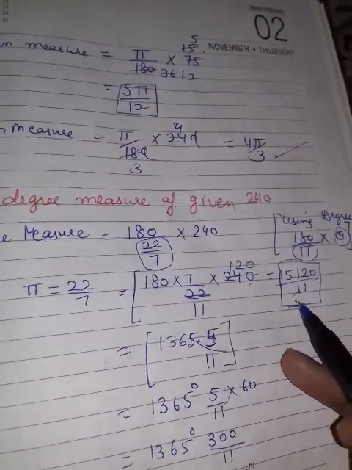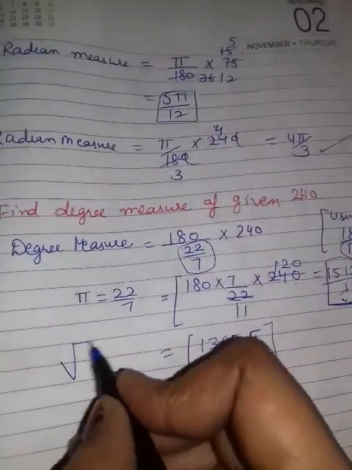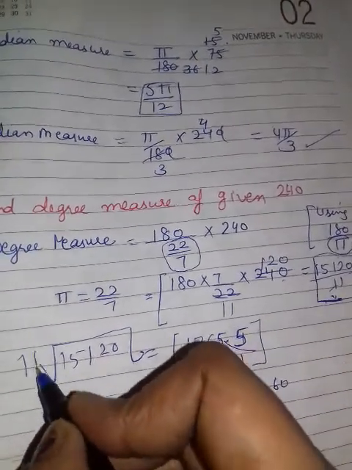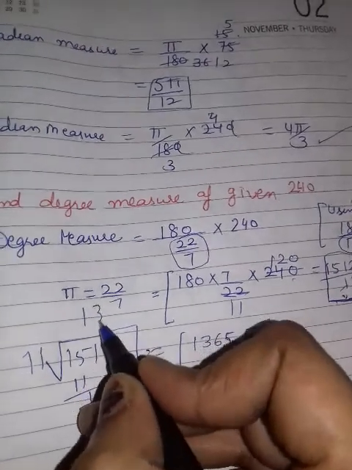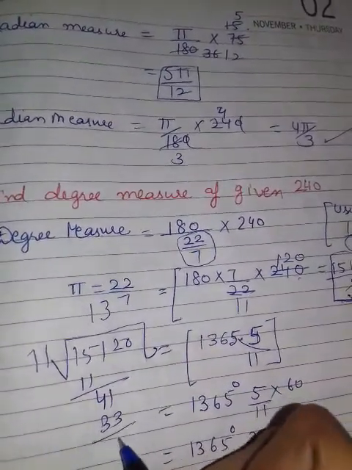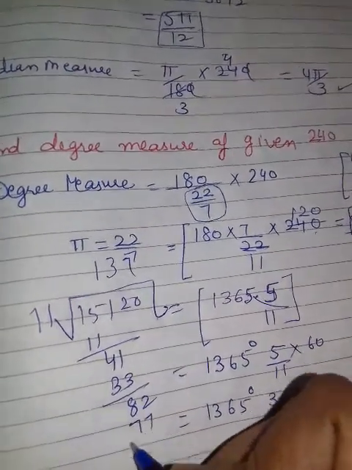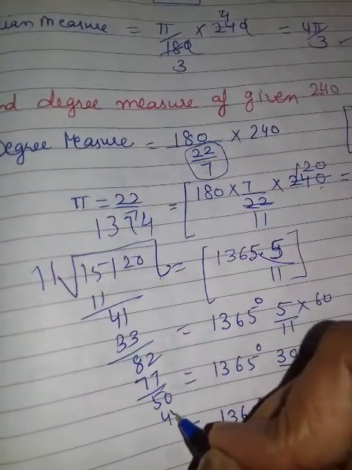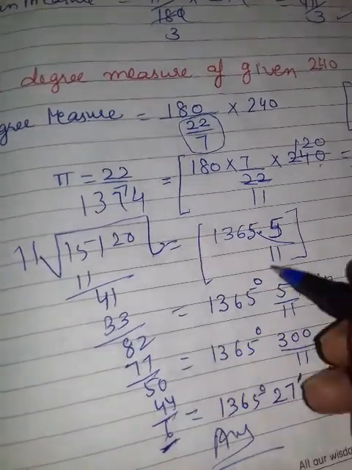And remember this thing, whenever you are getting it in this sense, you will keep the numerator inside and you will divide it. Clear? Yes. Then 3, then 8, 7, yes, 5, 4. How much is left? 6. You will keep that 6 there. Clear?